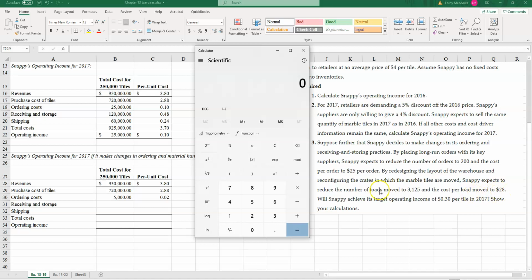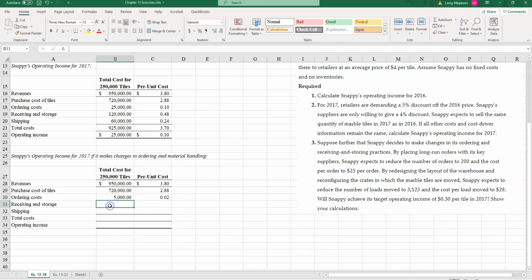So 3,125 loads moved at a cost of $28 per load moved. My total receiving and storage costs are now $87,500. And on a per unit basis here, that is going to be 35 cents per tile.